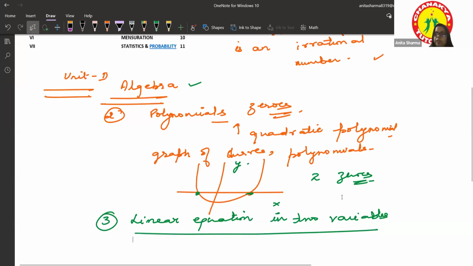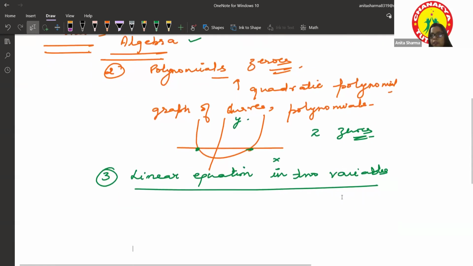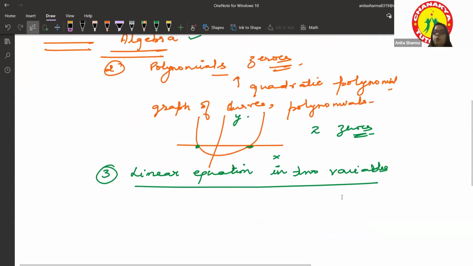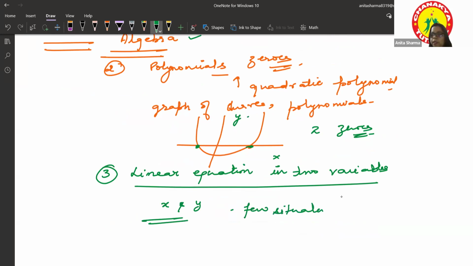In grade 9, you learned how to plot the graph and how to locate the points in linear equations in 2 variables, but here you will learn how to find the values of x and y. And a few situational problems will be there.